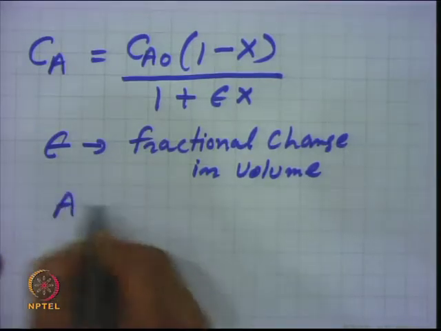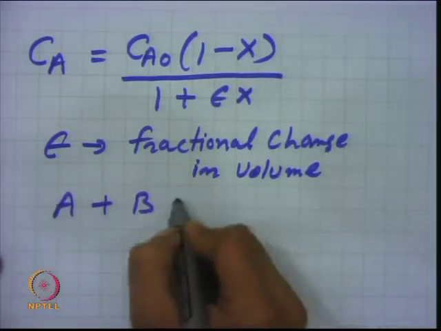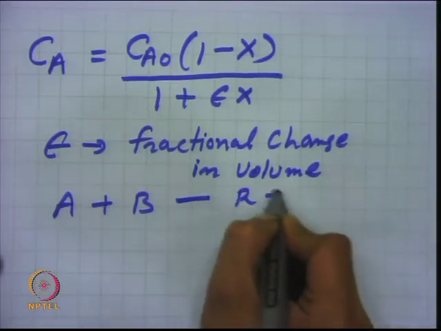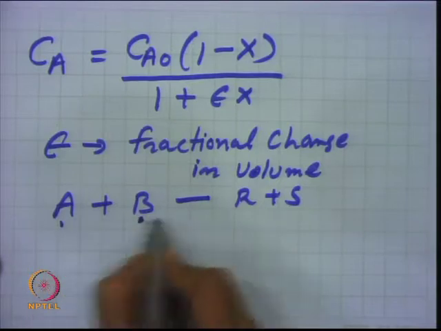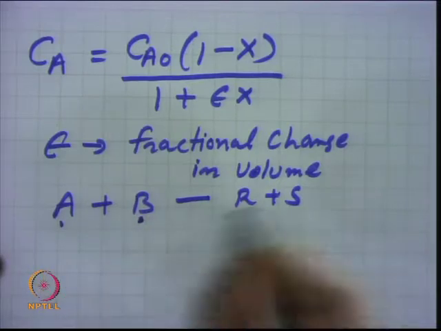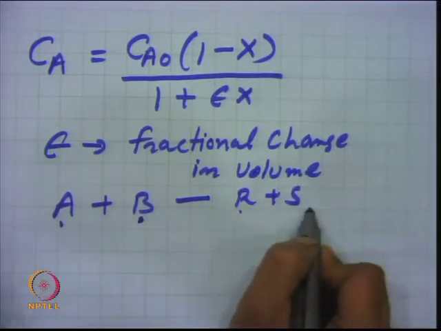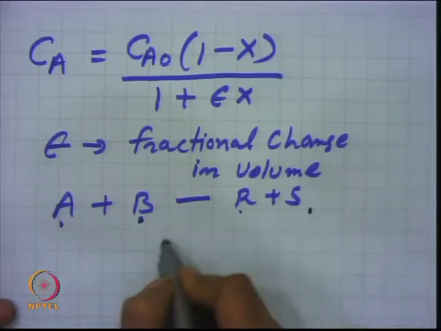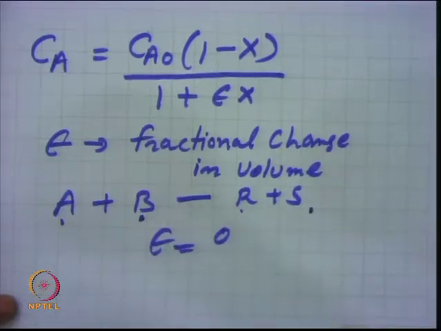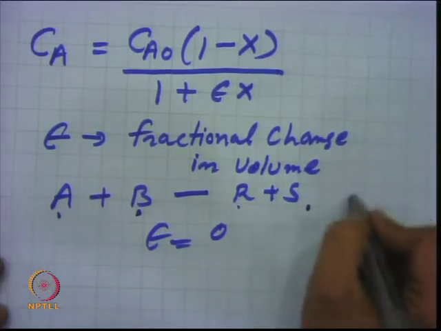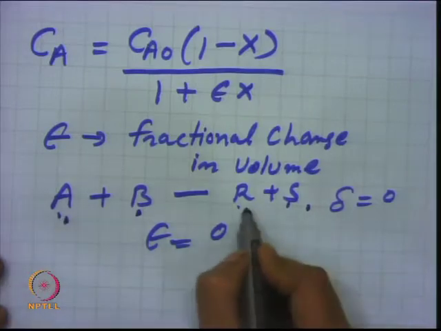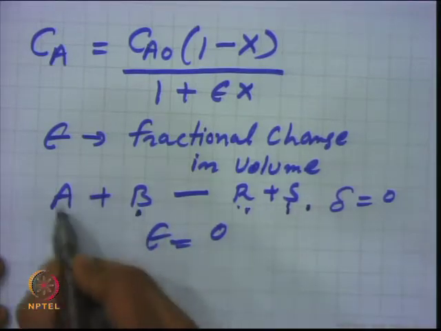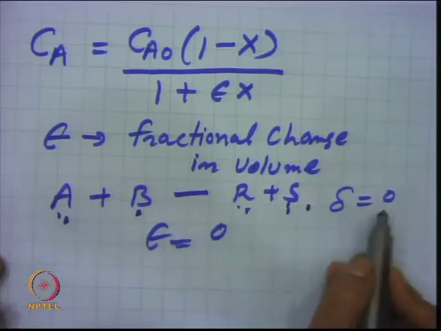Suppose the reaction is given here, in this case A plus B gives you R plus S. So, here 1 mole of this, 1 mole of this. Initially 2 moles are reacting because there is no inert, and 2 moles of product will form. So, in this case epsilon is 0 because delta is 0, where delta is the difference in the stoichiometric coefficients of the products and reactants: 1 plus 1 minus 1 plus 1, which is 0.